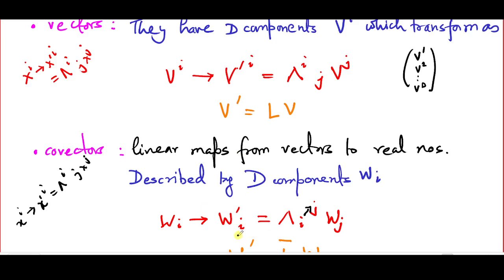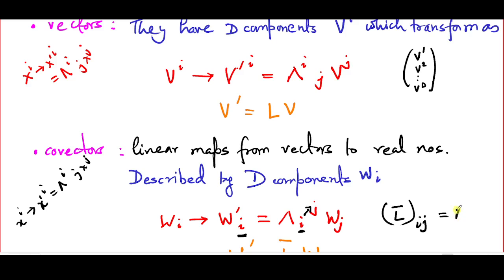You have a downstairs index i on the left, so you must have a downstairs index on the right hand side for i, and w must have a downstairs index j, so the other index in lambda must be upstairs, so that our summation convention rule can work. So let's call the matrix whose ijth element is lambda ij L bar.